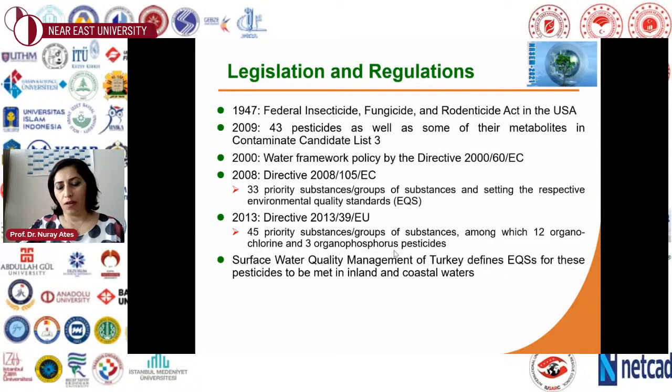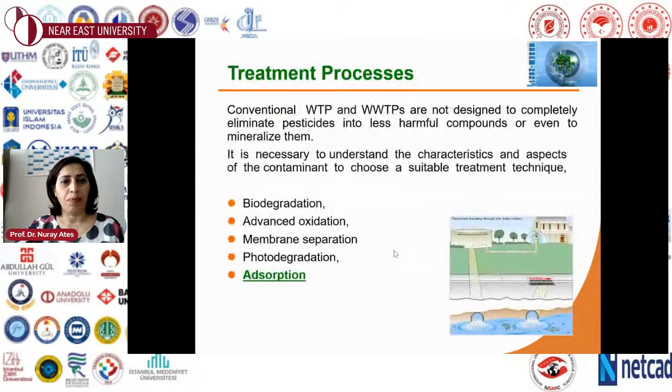In Turkey, we also adopted the Water Framework Directive, and in 2015, the regulation of surface water quality management was published. In this regulation, we accept the 45 priority substances or groups, and Turkey also set the environmental quality standards for these pesticides to be met in inland and coastal waters.